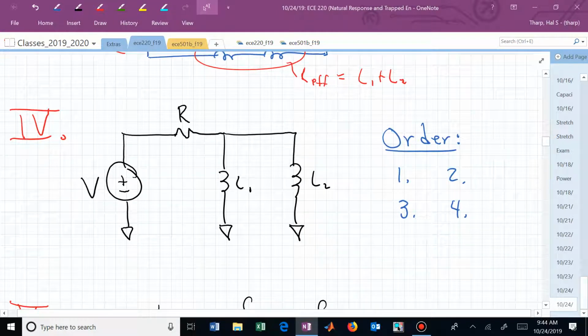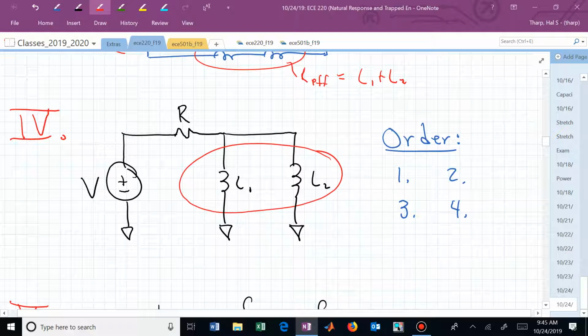Circuit 4. What's the order of this circuit? 1, 2, 3, or 4? We ready? 1, 2, 3. So now on this one, could we combine those into an effective inductor? Those are in parallel.